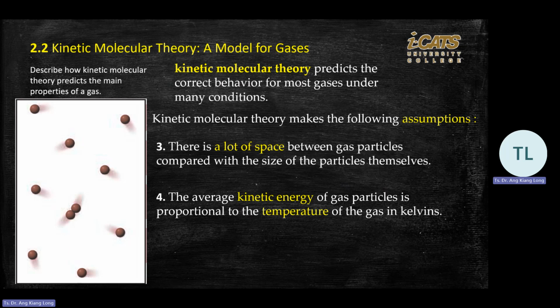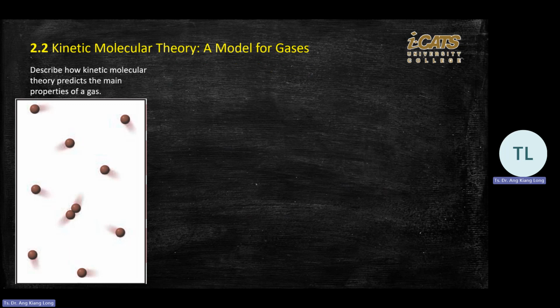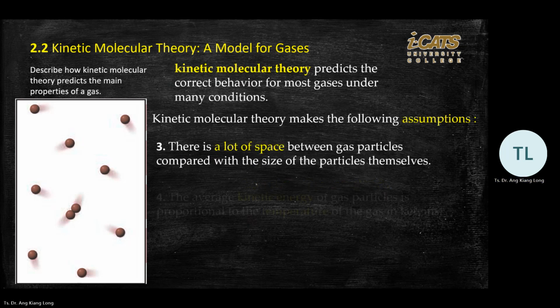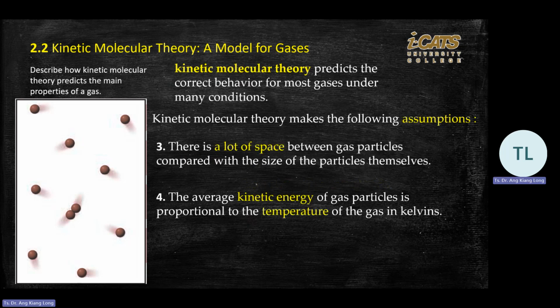Four assumptions. Okay. So the first assumption is that molecules move in a straight line. Second, they do not repel and do not attract. Third assumption, you have a lot of space. Number four, the energy is related to temperature. So temperature also means energy.